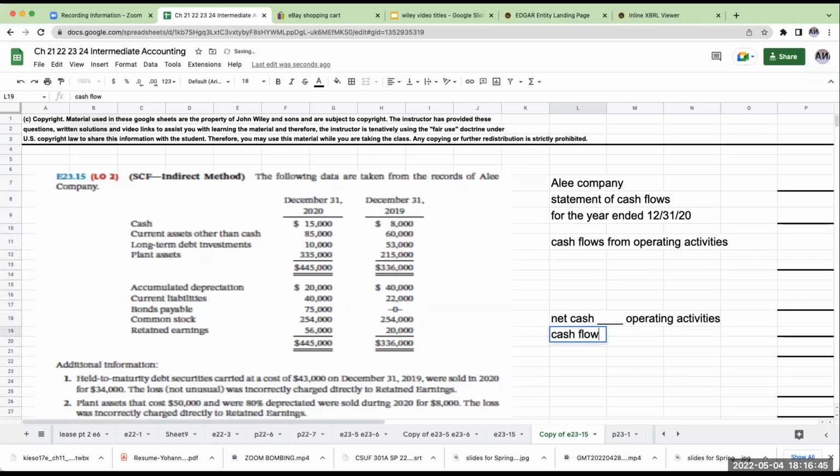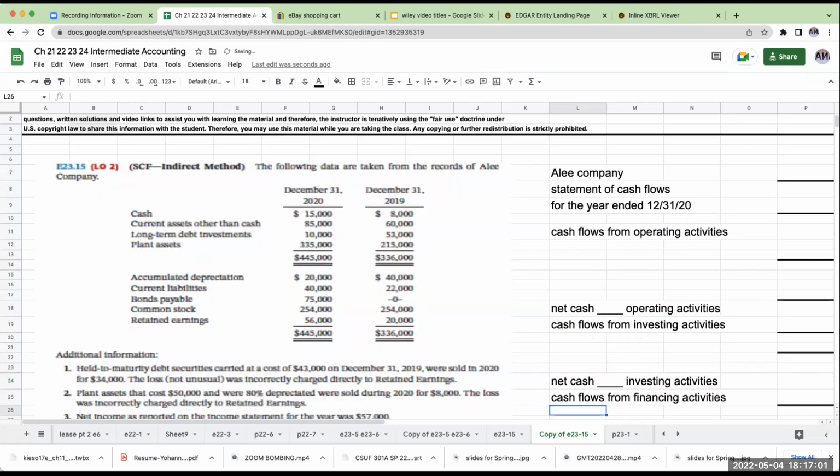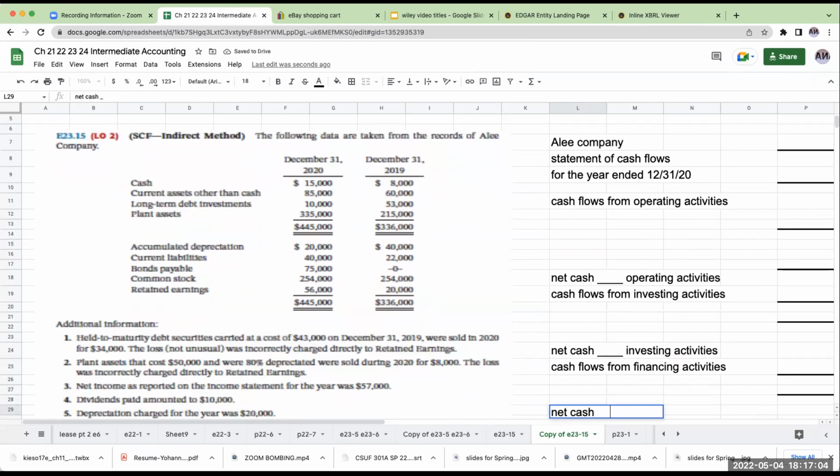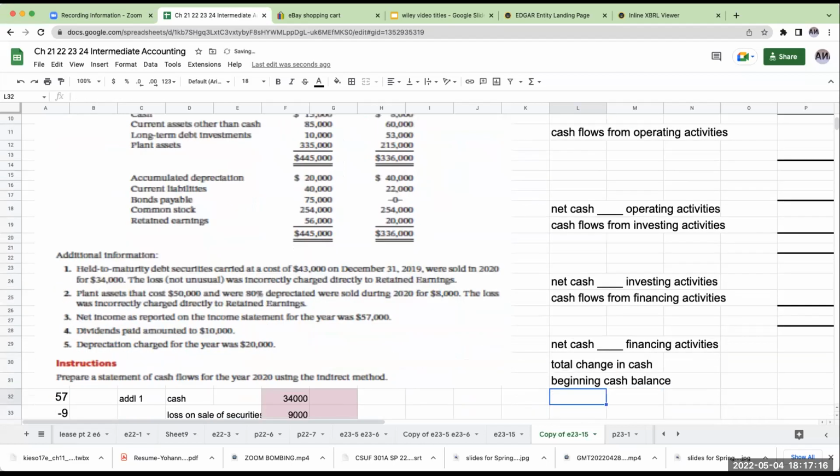I'm going to have cash flows from investing activities, net cash blank investing activities, cash flows from financing activities, net cash blank financing activities. My total change in cash, my beginning cash balance, and then my ending cash balance.